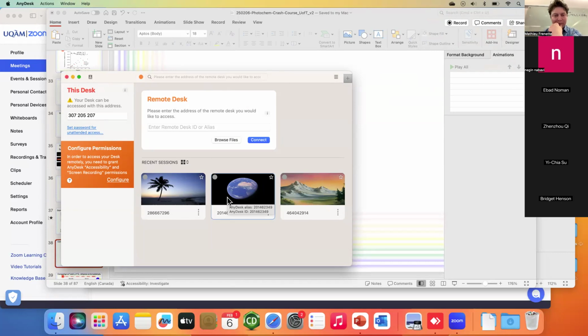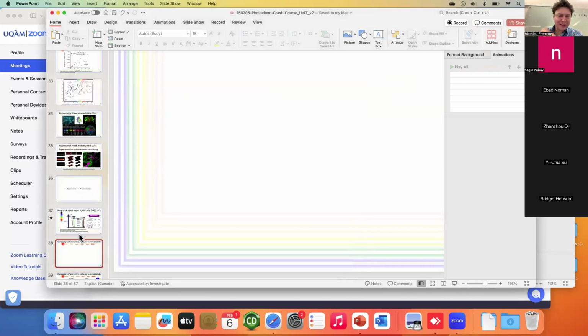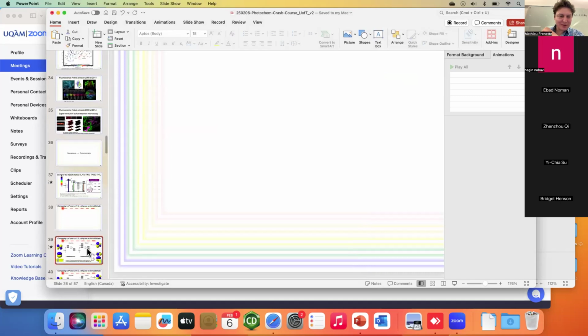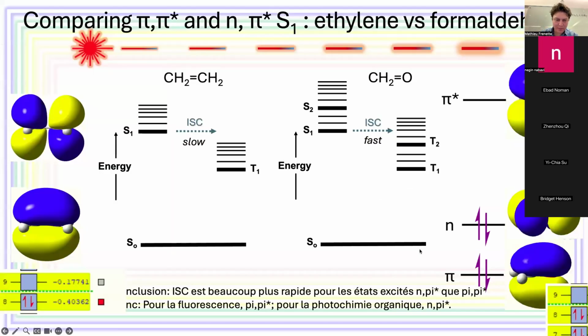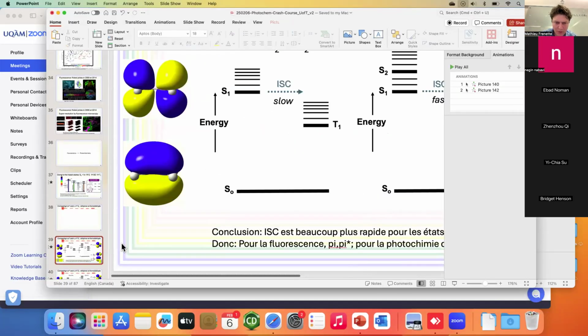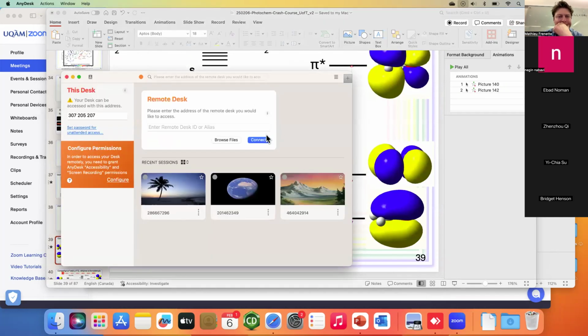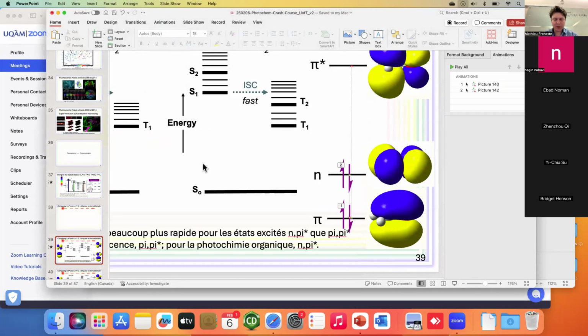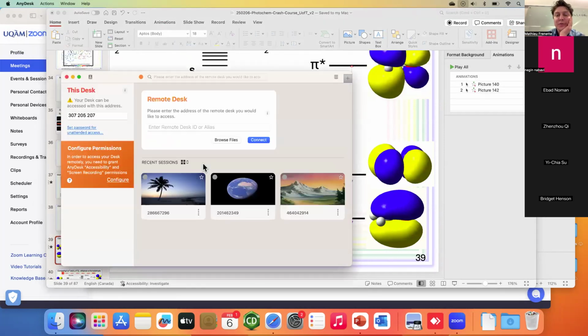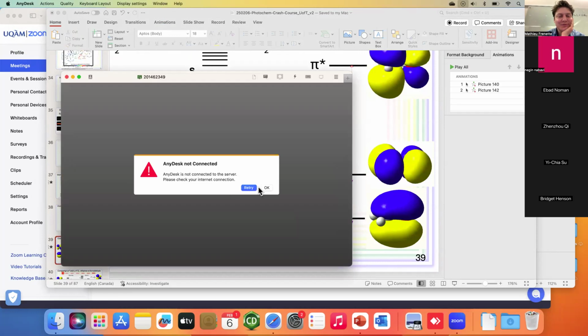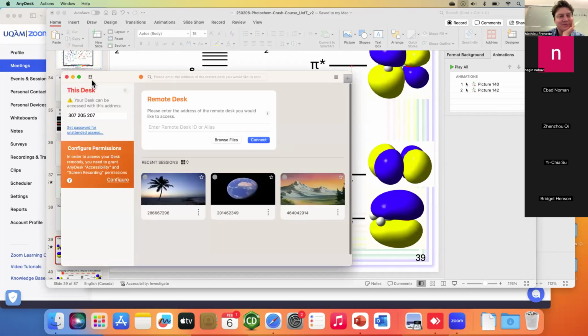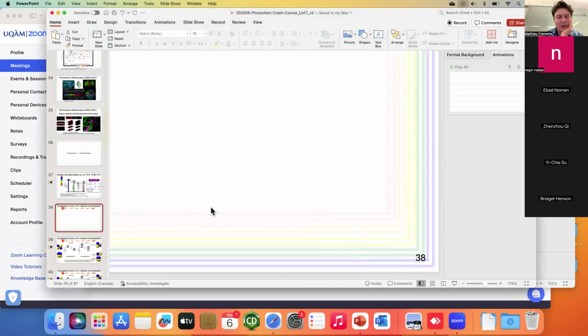I was trying to connect to the computer back in Montreal to figure out how to do the calculations for this slide. Fortunately, I did it ahead of time, so we have the results. If you want to connect remotely, AnyDesk is the free software. It works pretty well, usually. Nope. I even did it on the train. Oh well. Okay.